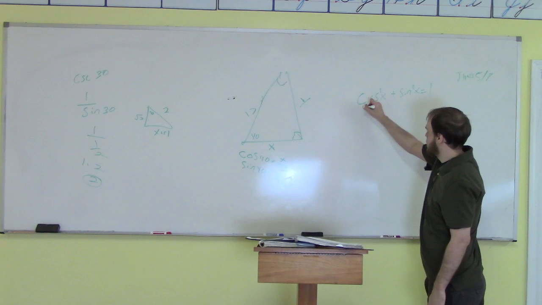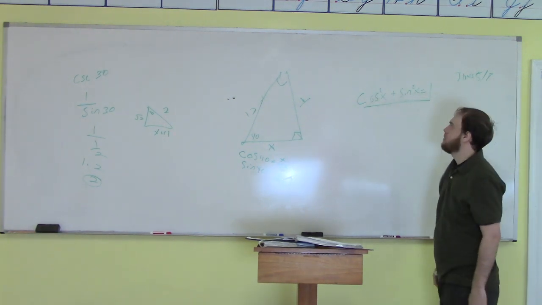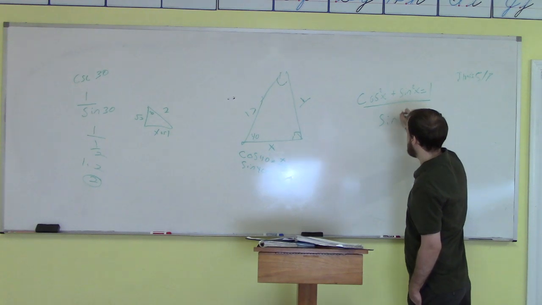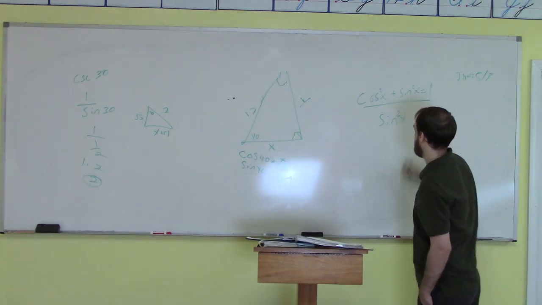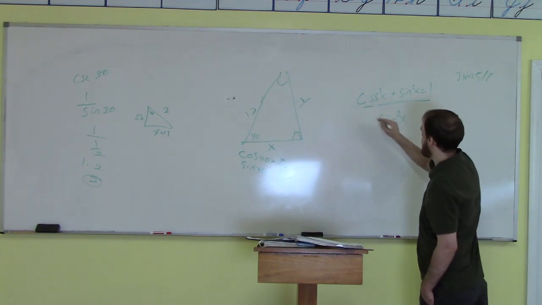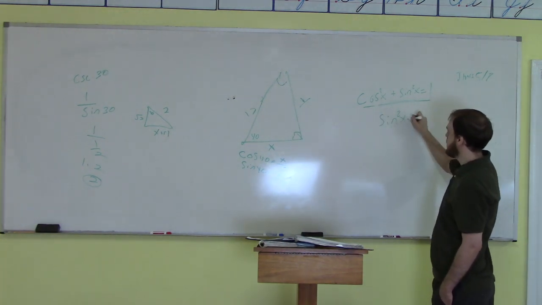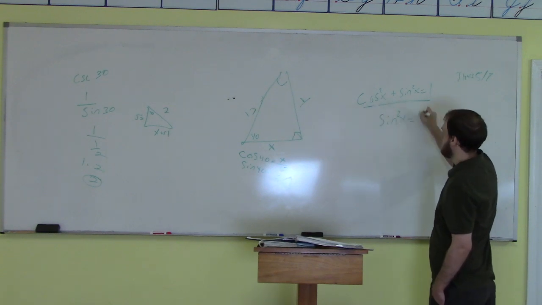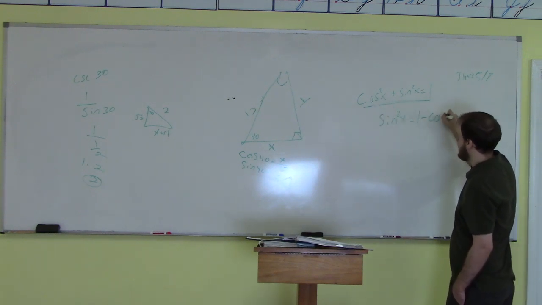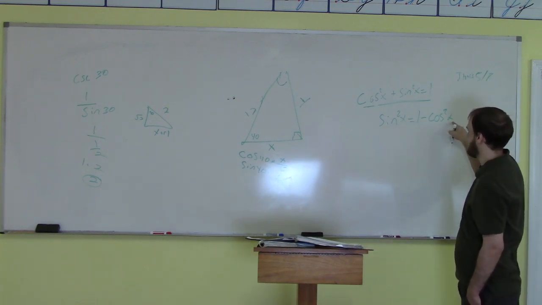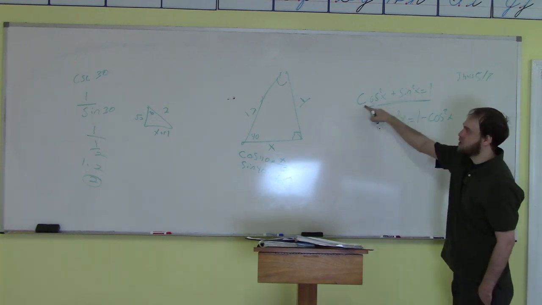This is the base one, but I can move it around to where all they give me is sine squared, and I need to get rid of it. Sine squared of x would be equal to 1 minus cosine squared of x, because you just subtract the cosine squared of x over.